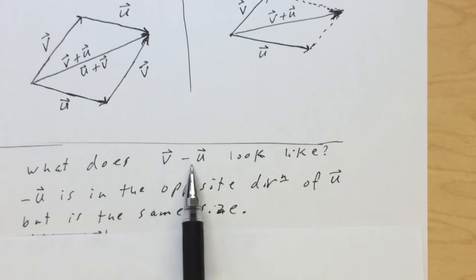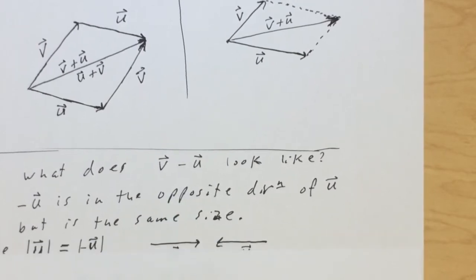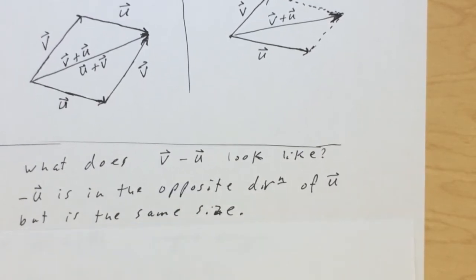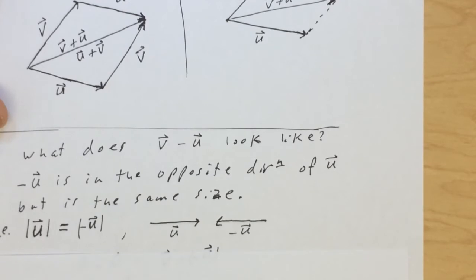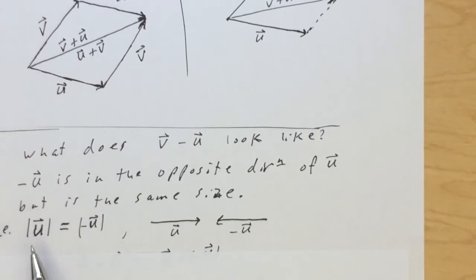So v minus u is going to look like v plus negative u. The magnitude of u is the same as the magnitude of negative u. If u is this vector, then negative u just goes in the opposite direction, same size.